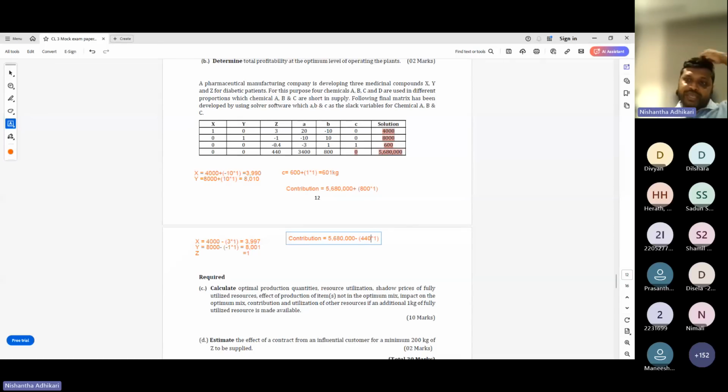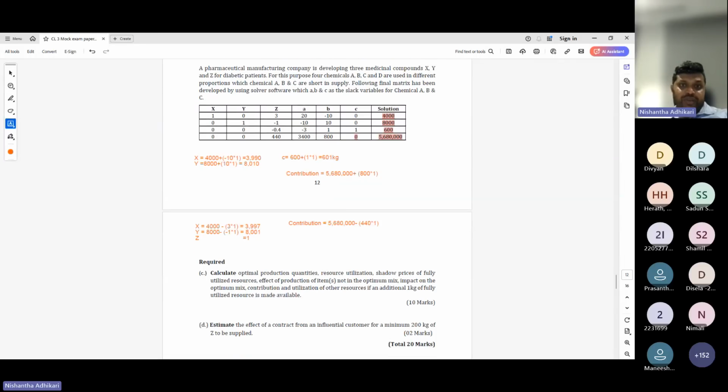For every unit it takes a 440 effect, so it is a minus 440. That is how it will impact if you manufacture any unit which is not in the optimal product mix. There will be a negative impact on the product mix and the optimal contribution. It will reduce.